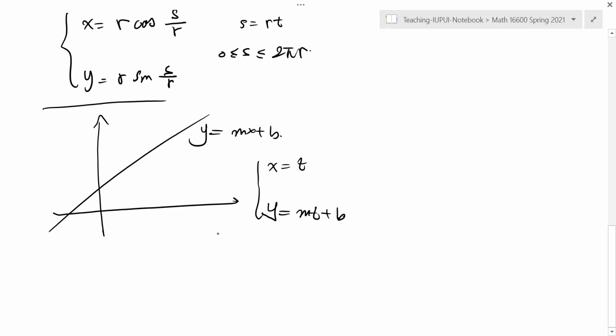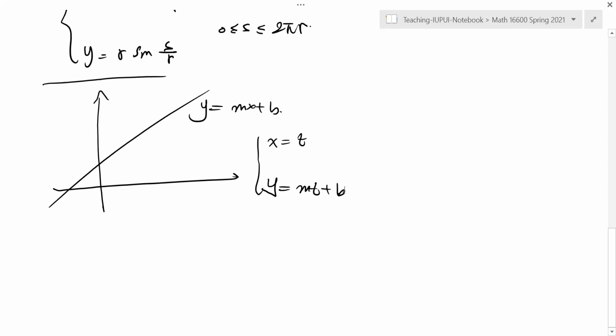Now, sometimes m is a fraction, then you do have multiple choices. You can let x be 3t, or let x be, for example, at, then y should be m over a times t plus b.